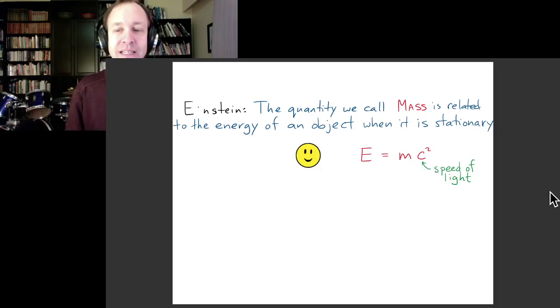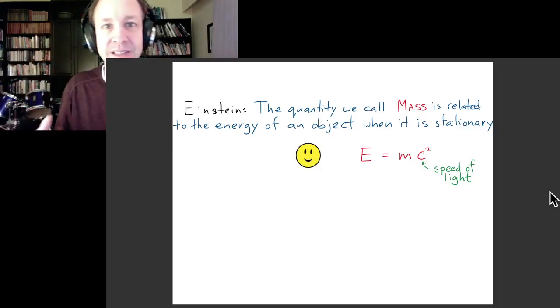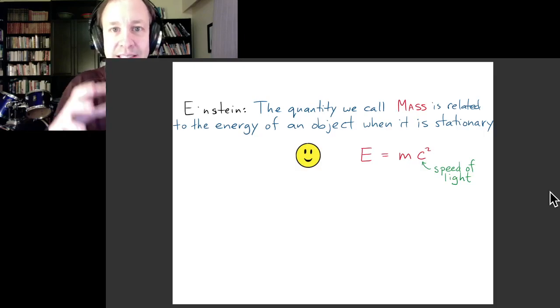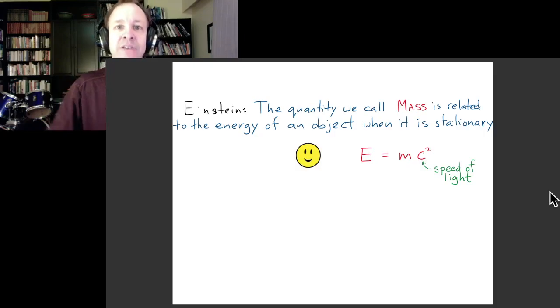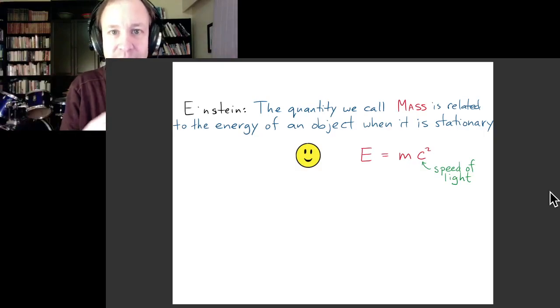Okay, so the idea of mass, this is a very, very famous thing that was realized first by Albert Einstein. The idea of mass, it turns out, is just the energy of an object when it's not interacting with anything, when it's far away from everything, and when it is not moving.